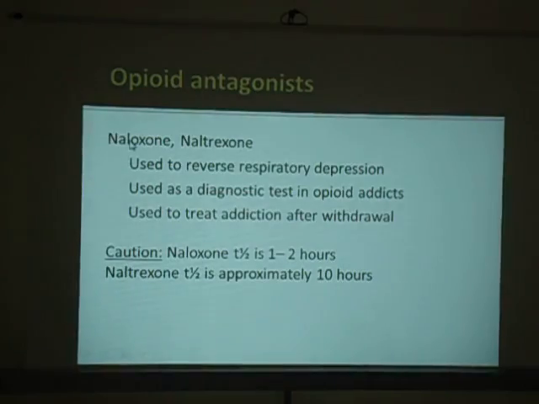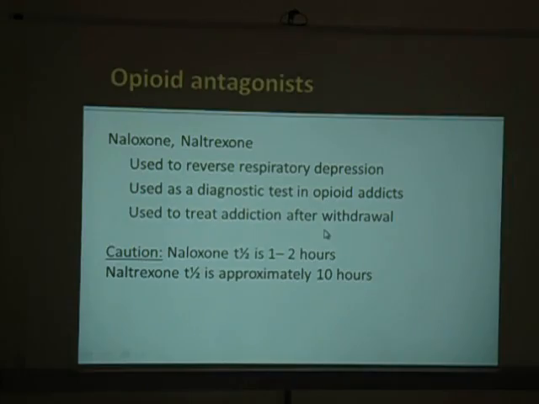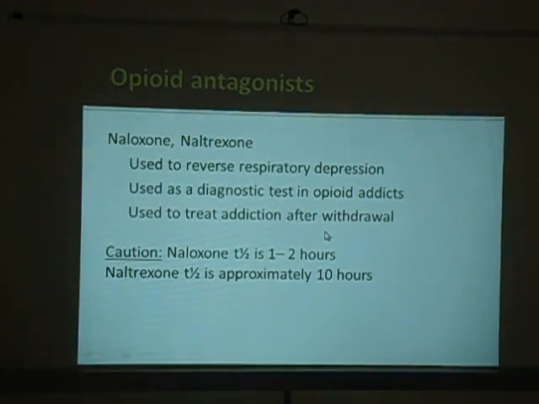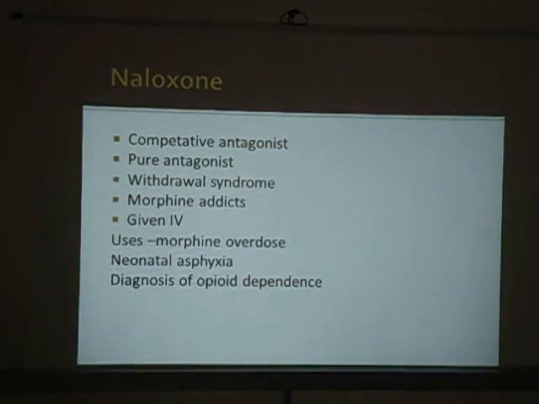But Naloxone is the prototype drug used to reverse respiratory depression, as a diagnostic test for opioid addicts, and also to treat addiction withdrawal. It is a competitive antagonist, a pure antagonist, and it is used to treat withdrawal syndromes in morphine addicts.